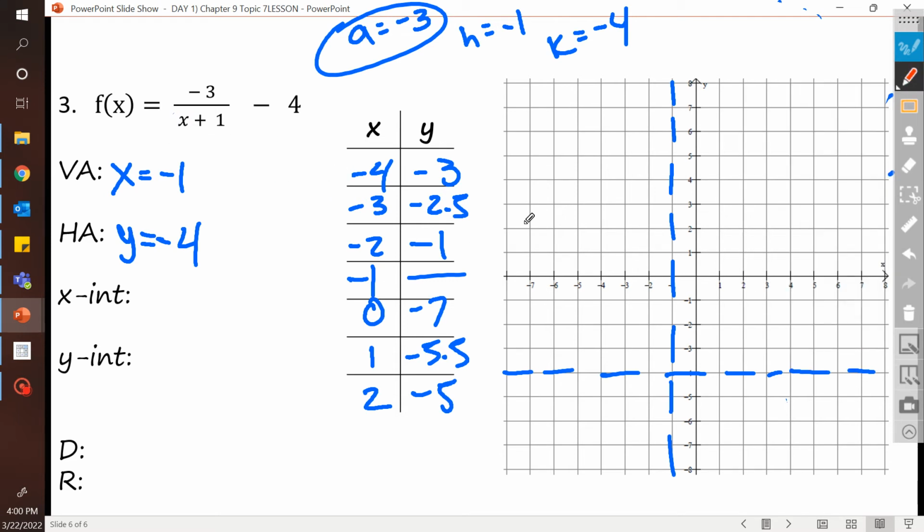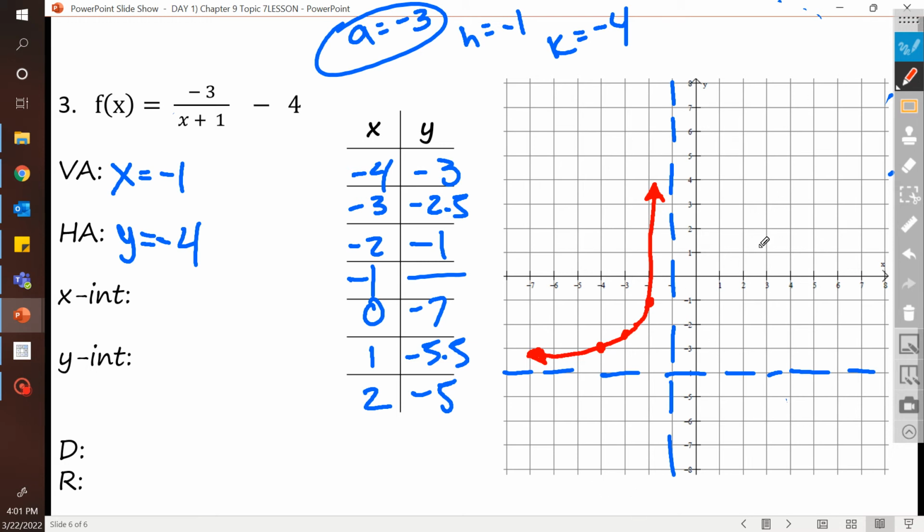So let's start with the left side. -4, -3, -3, -2.5, and -2, -1. And just like we expected, it has actually been reflected. Okay, this piece used to be over here, or over here, it doesn't matter.